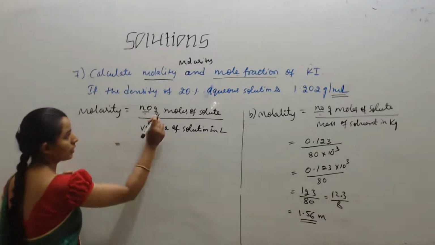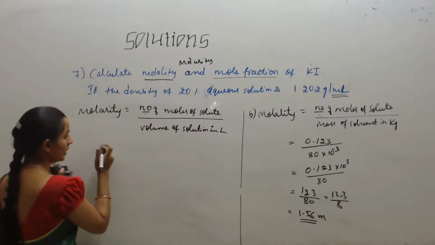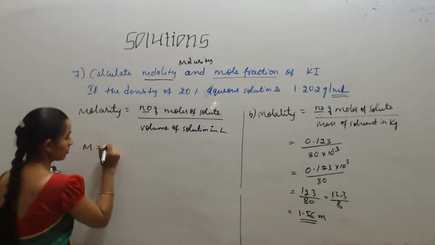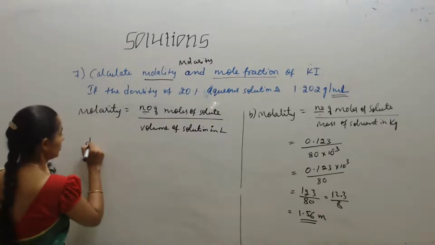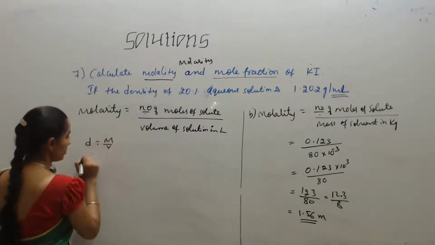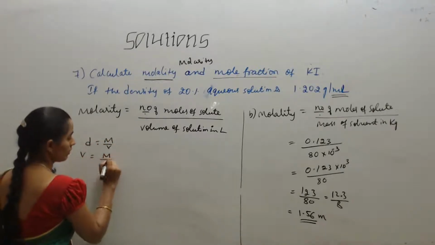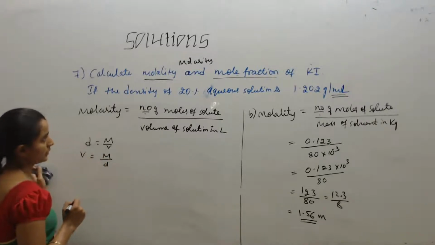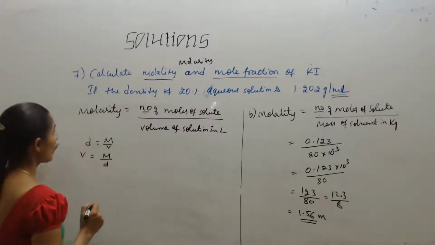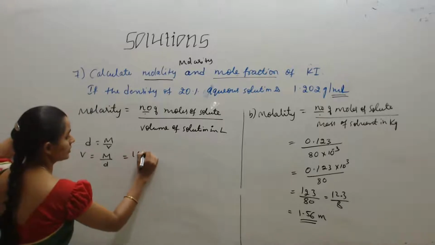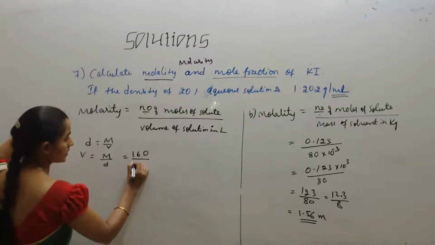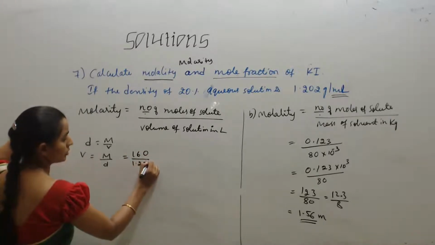So here number of moles. Volume, how can we get? So you know density is equal to mass by volume. So volume is equal to mass by density. Okay. So mass of KI is 160, density is 1.202.